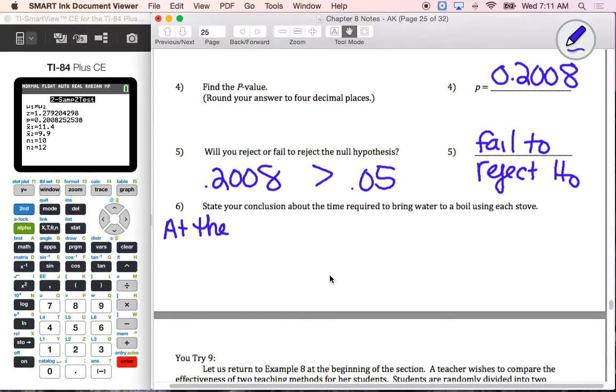So we are at the 5% level of significance.